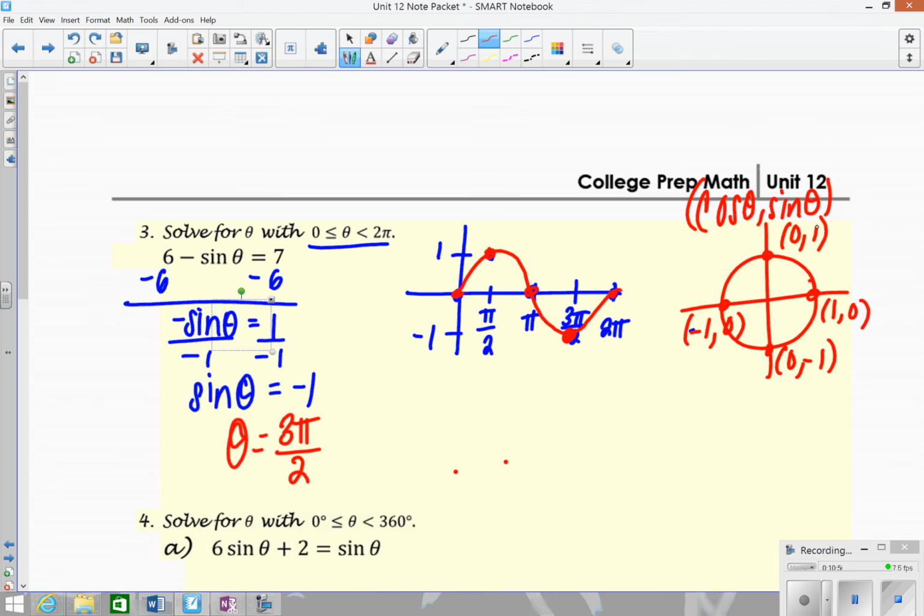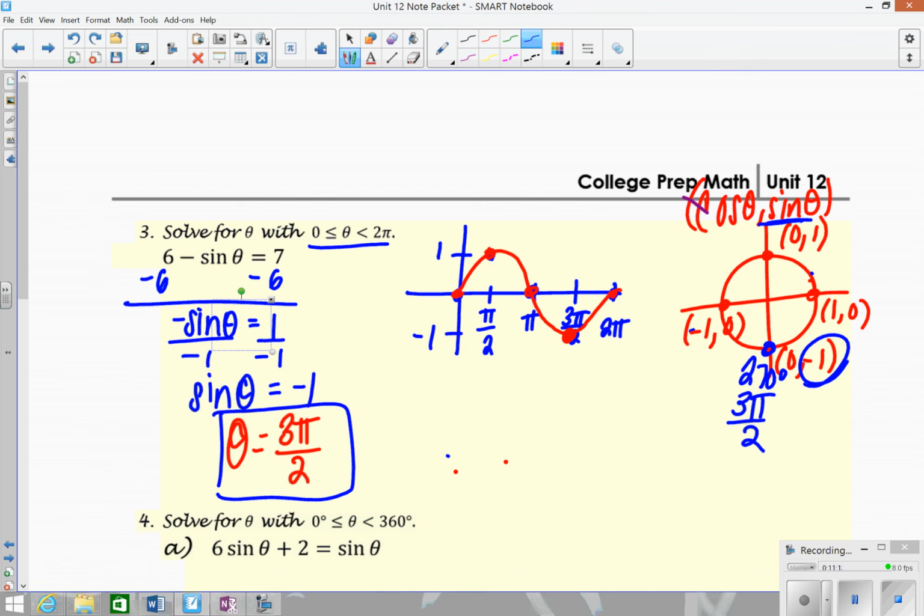So if you're trying to figure out when sine of theta equals -1, you're looking right here, which is at 270 degrees, or 3 pi over 2 if you turn it into radians. So either way, you're getting this answer of theta equaling 3 pi over 2, and it only occurs once.